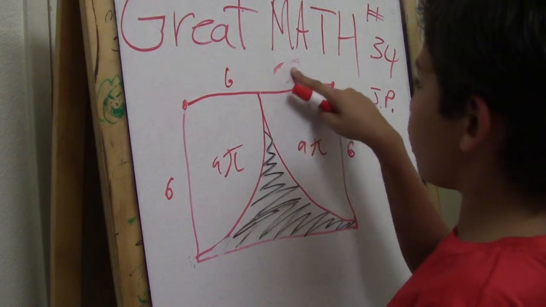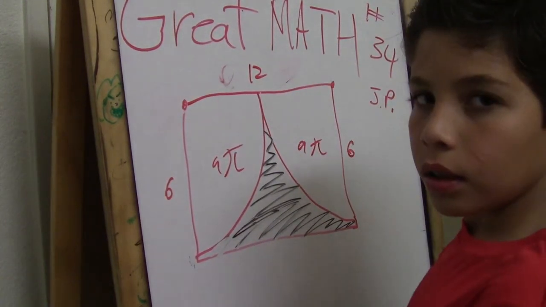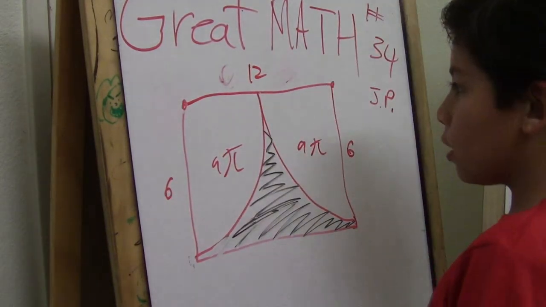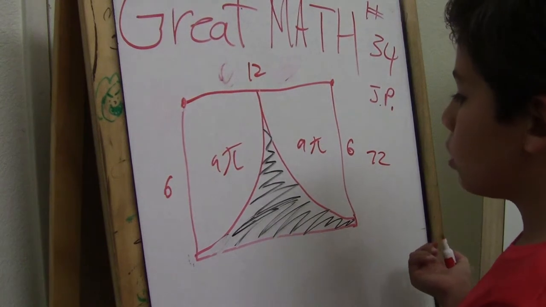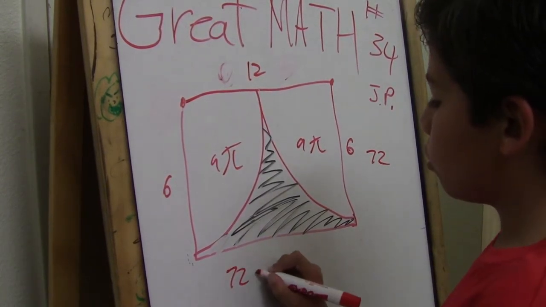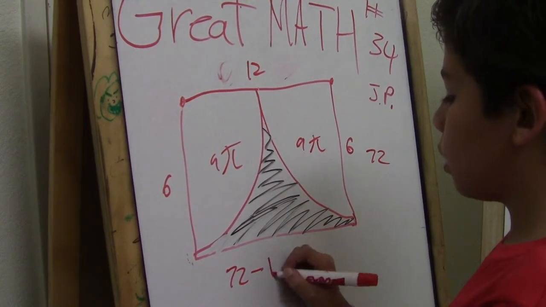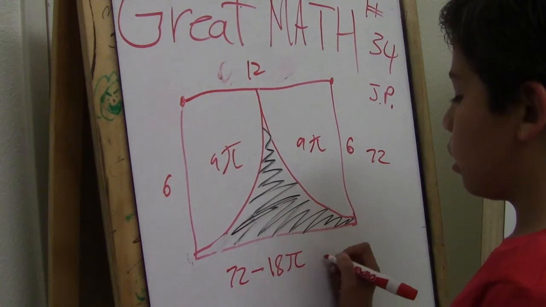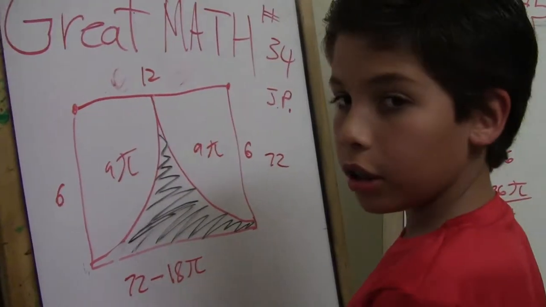When you add them together, you get 12. So the area of the entire thing is 72. So it will be 72 minus 9 pi minus 9 pi, which is 72 minus 18 pi. That's our answer.